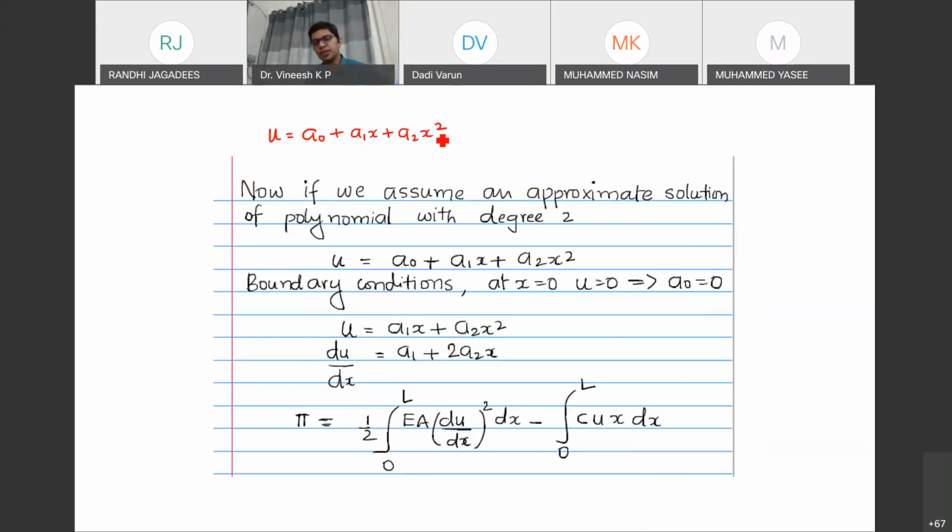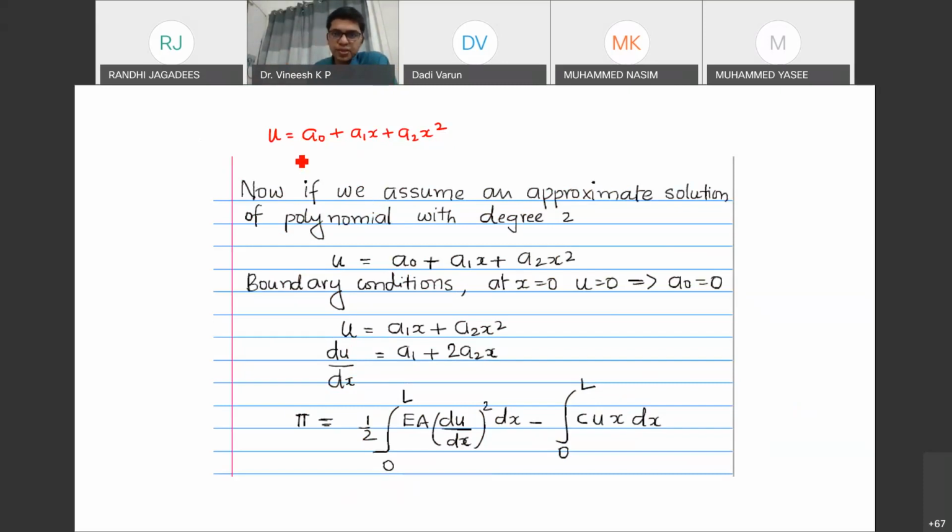So now I am considering a polynomial of degree 2 instead of 1, so I will get a better solution. I understood that when I consider a polynomial of degree 1, my solution is wrong. If I consider a second degree polynomial, I will approach the accurate solution. If I again increase, I will be more accurate. I will get a much better solution. So that is how we need to move.